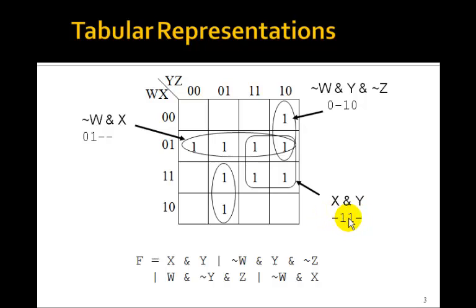So dash 1, 1, dash is just X and Y. And finally, W and not Y and Z is 1, dash, the X went away, not Y, 0, and Z, 1. So you see how these tabular representations can be used to represent any product term.